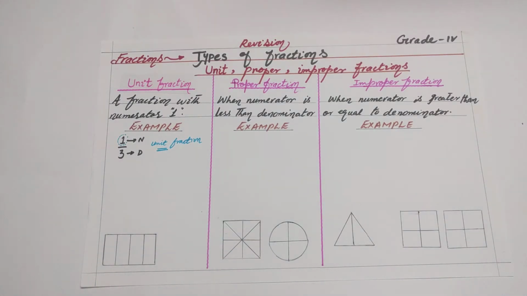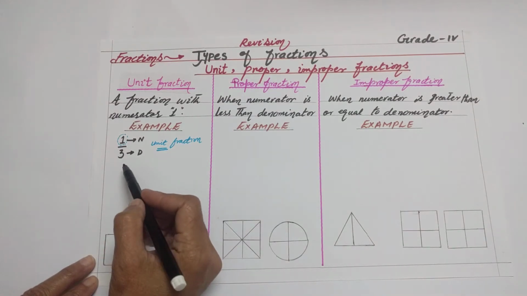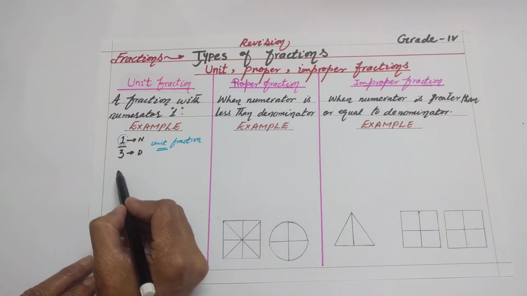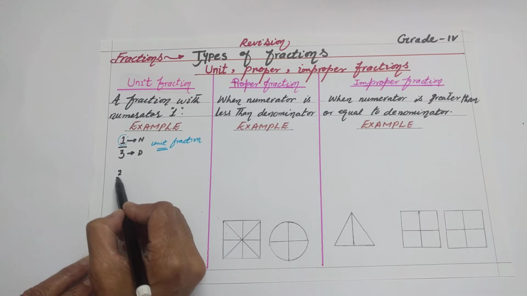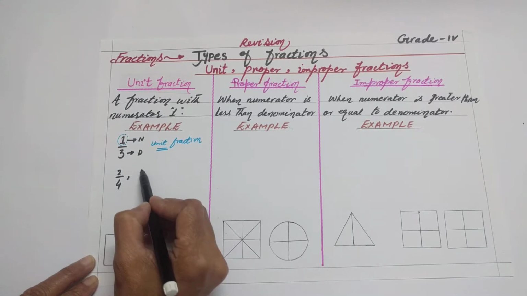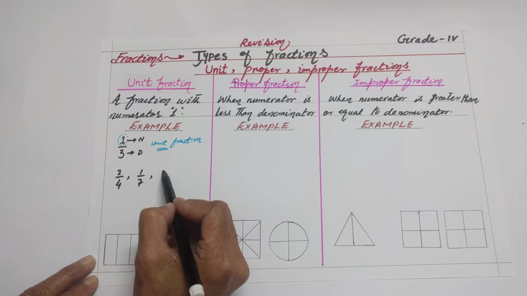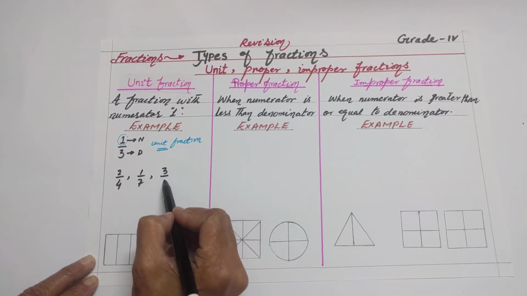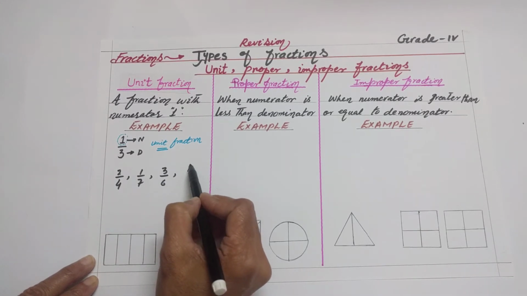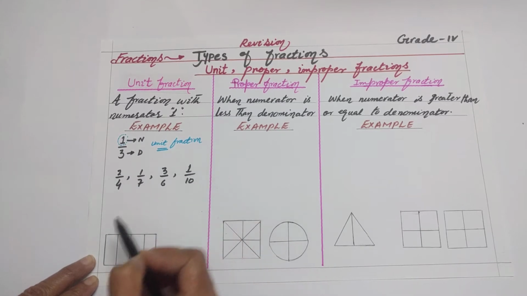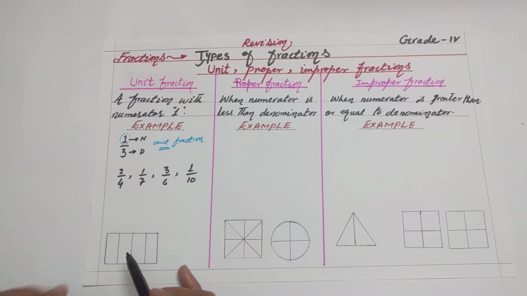Now I will write some more examples and choose the unit fraction. For example, 2 by 4, 1 by 7, 3 by 6 and 1 by 10. Now I have to choose which one is the unit fraction.